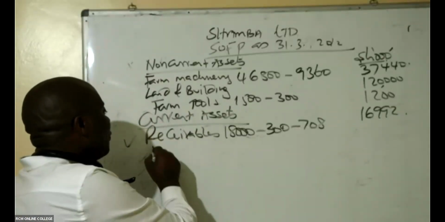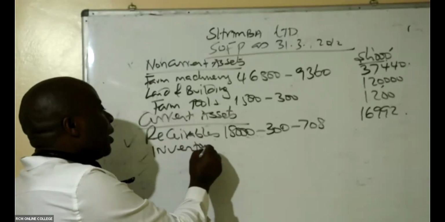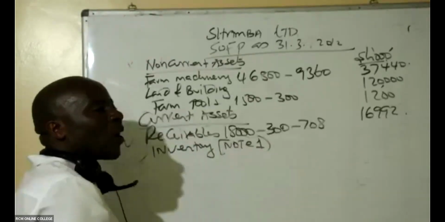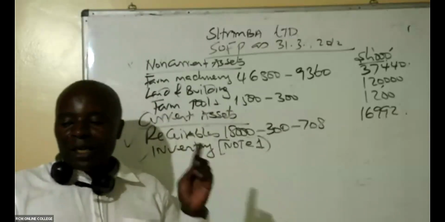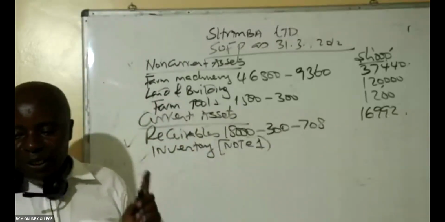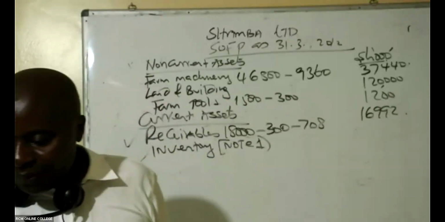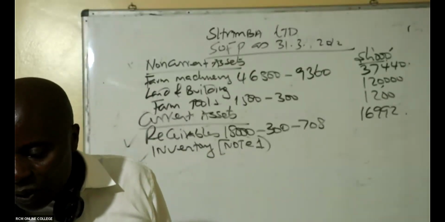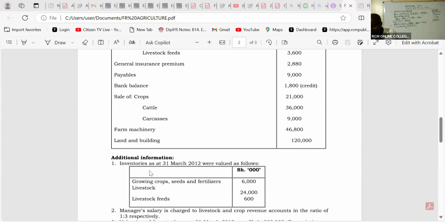Is there any other current asset you are able to remember? Oh yes, inventory. Go to the notes. Specifically, note 1 is where you get the closing inventory. We don't bring opening inventory here; we always bring closing inventory. So closing inventory, note 1, you can see these ones here.